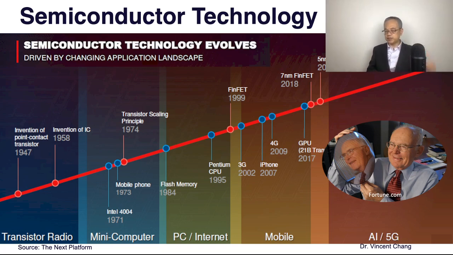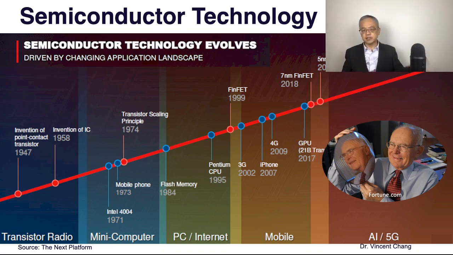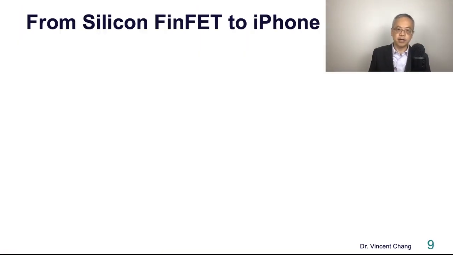The number of transistors in the integrated circuit per unit area doubles every 2 years, or some versions say every 16 months. So this is the famous Gordon Moore's law, called Moore's law, right?